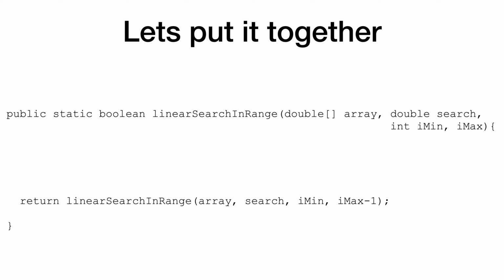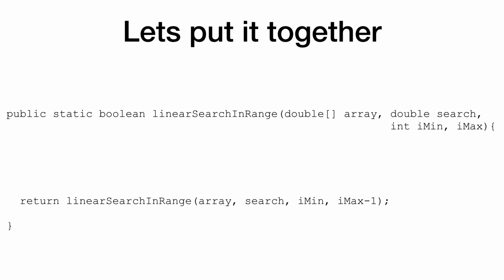And that recursive call was to, again, this isn't supposed to be built in, the array, which doesn't change, the search, which doesn't change, the min and the max minus 1. Since that in itself is a boolean as to whether it exists there, we could just return it. So that's what I had on there. It's just to return that value.